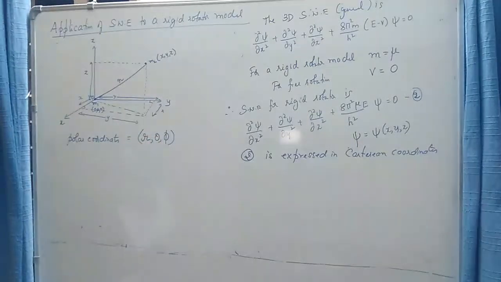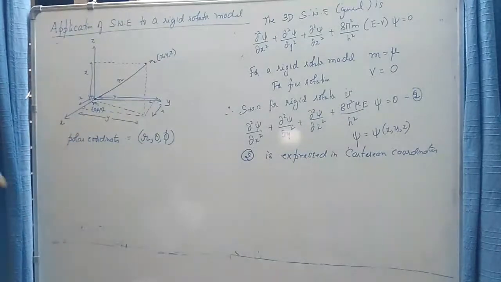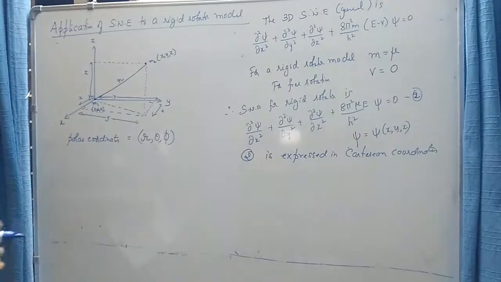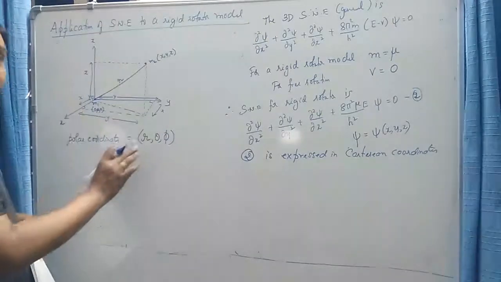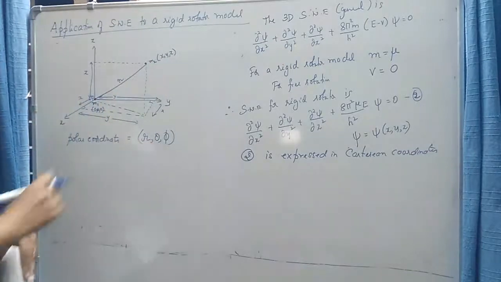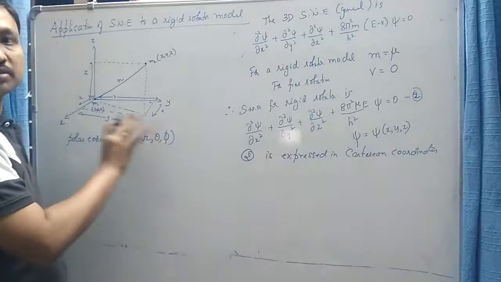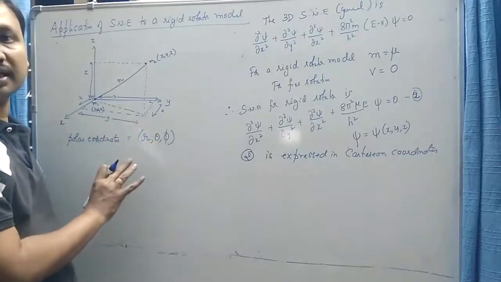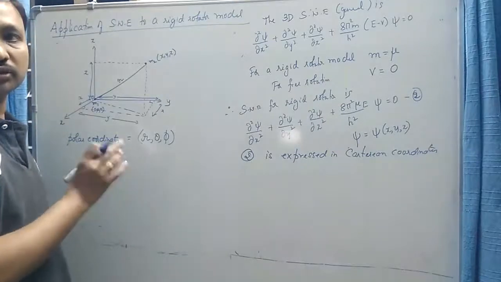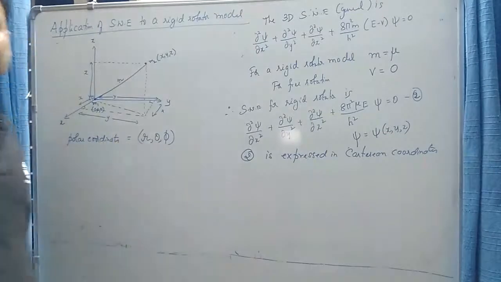So Cartesian coordinates contain three distances x, y, z, whereas polar coordinates use one distance r, the direct distance of the particle from the origin, and two angles theta and phi. Since we have angles, polar coordinates are a better way of expressing rotational motion, because rotational motions are more expressive in terms of angles rather than distances.